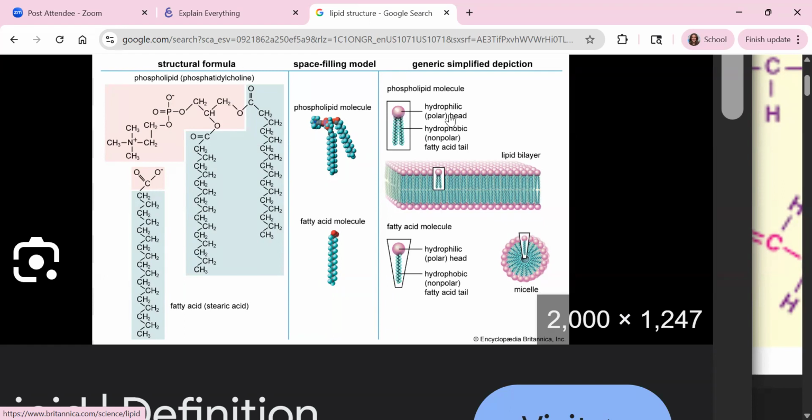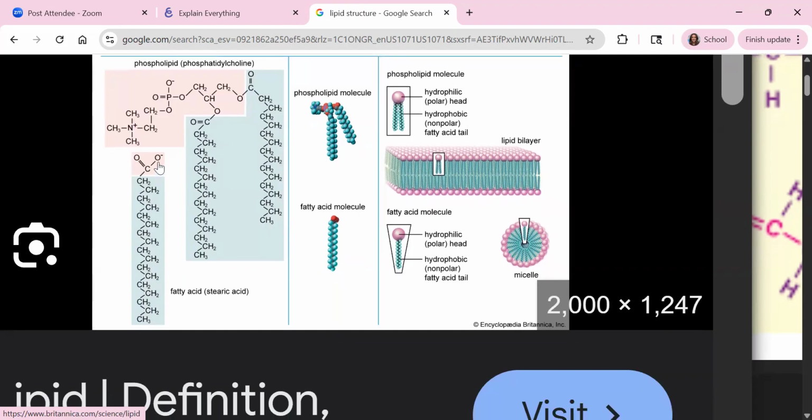And then we have the hydrophilic head, which is a lot more prone to being in a polar environment. It likes it. That's because we have this phosphate group right here, this phosphate head. Technically, this is going to be a neutral molecule just because we have this N plus here and this O minus right here, and they cancel each other out. So they're going to be pretty neutral.